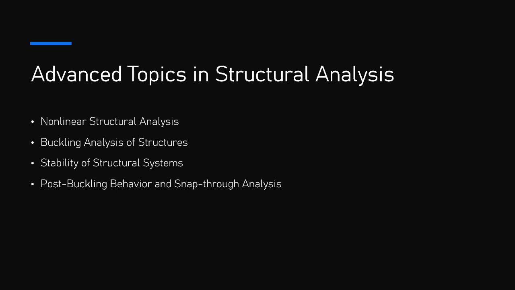Types of buckling. 1. Elastic buckling. Elastic buckling occurs when a structure, particularly a slender member, is subjected to axial compressive forces. If the compressive force exceeds a critical value, the structure will deform laterally in an elastic manner.